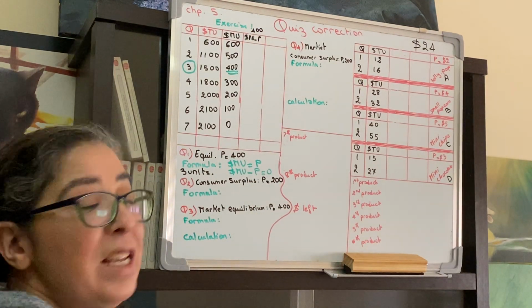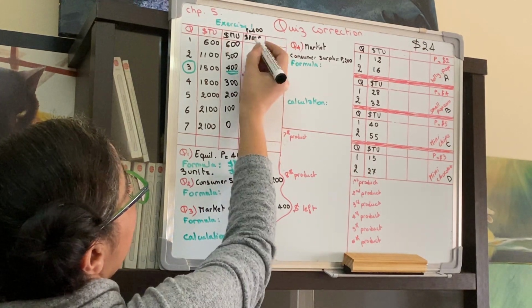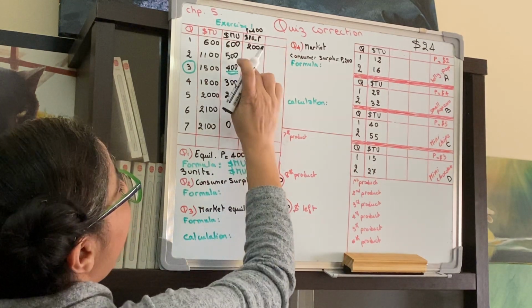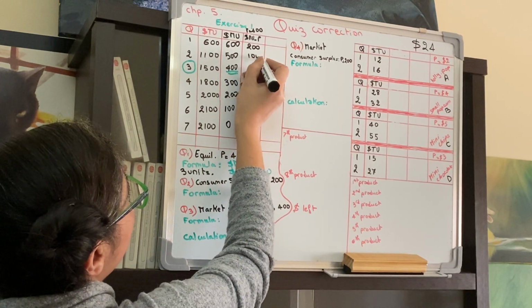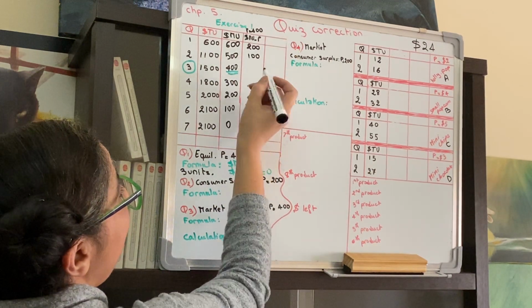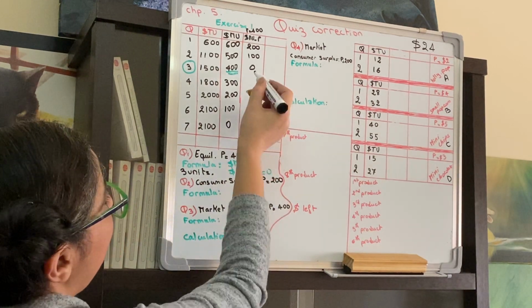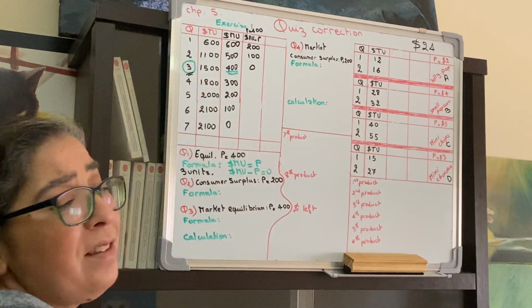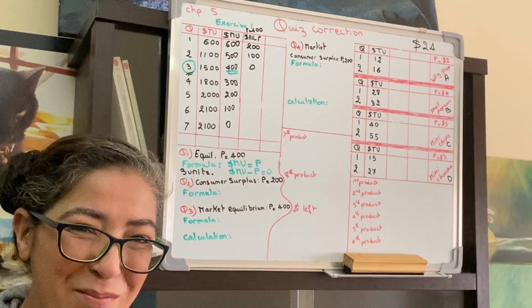So let's start. 600 minus 400 is 200. 500 minus 400, it's 100. 400 minus 400, it's 0. So you found it, $mu minus P is equal to 0. It's still the same equilibrium, of course. 3 units. You got that?